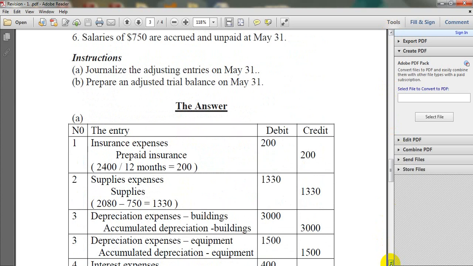The amount to be in this transaction, the account appears in the trial balance for 2,080 and the entry tells us that unused is 750, so the amount to be in the entry is 1,330.